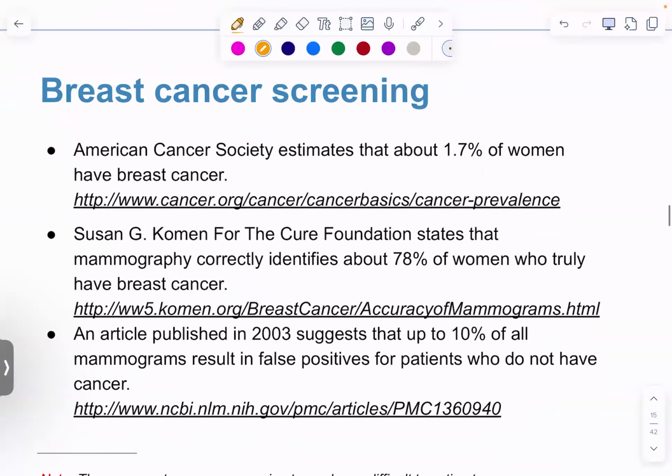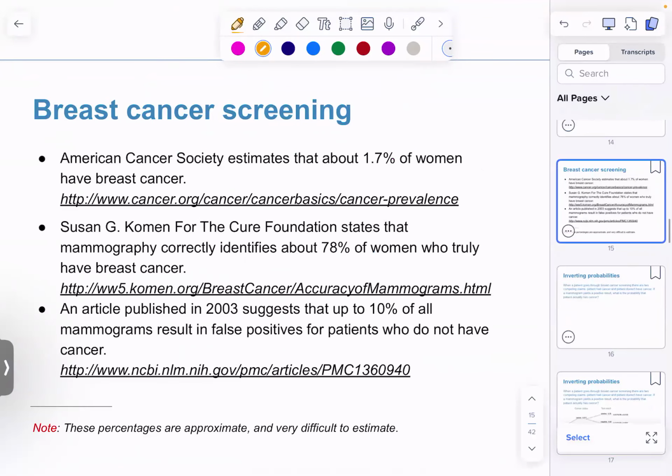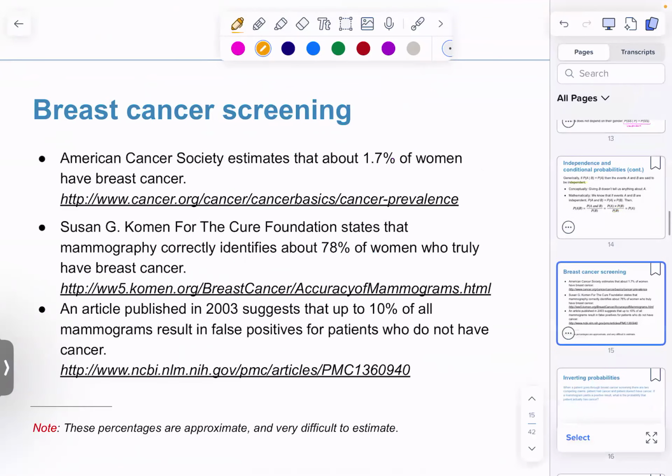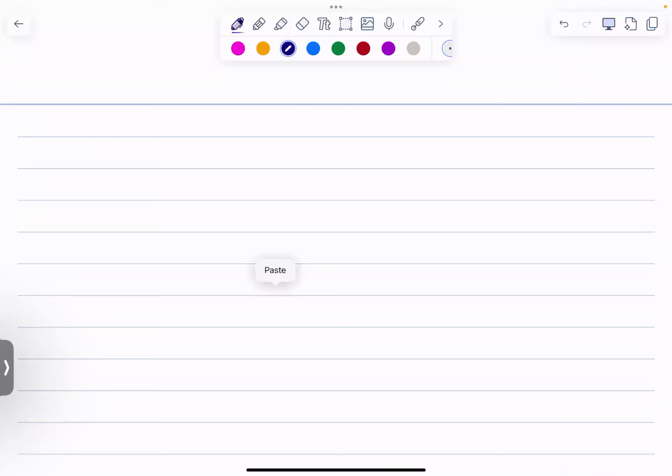So what are these problems going to look like? This is kind of an advanced version of these problems, but kind of interesting. Now, before we start with this example, I want to introduce something called tree diagrams.